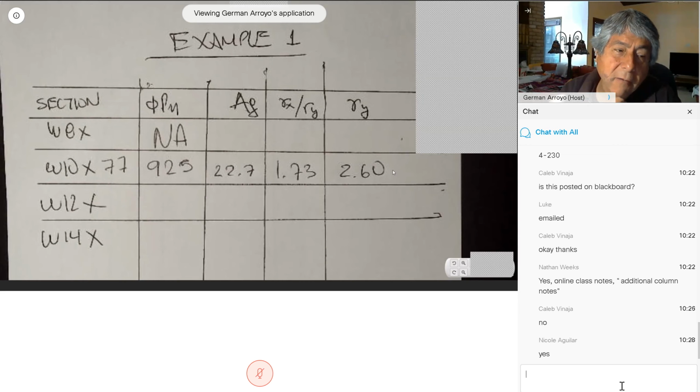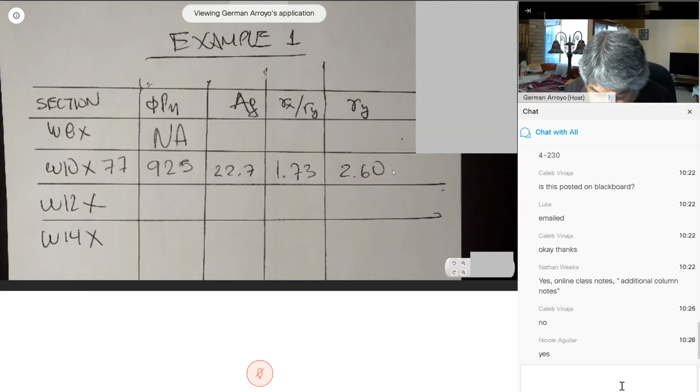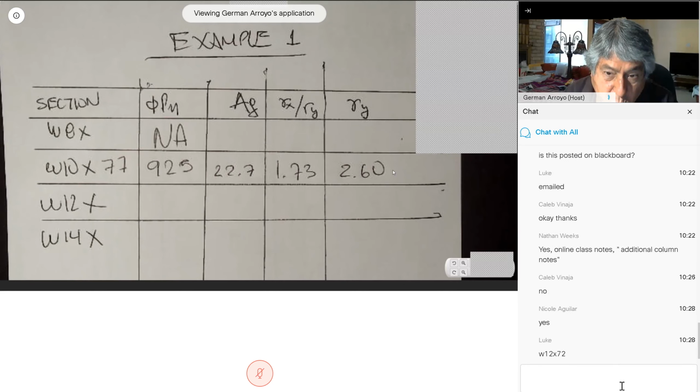Now go to the W12, and with the W12, find at least a section that gives you, with KLY 8 and PU 840, 840 or more. So go to the W12, previous page, W12 by 72.